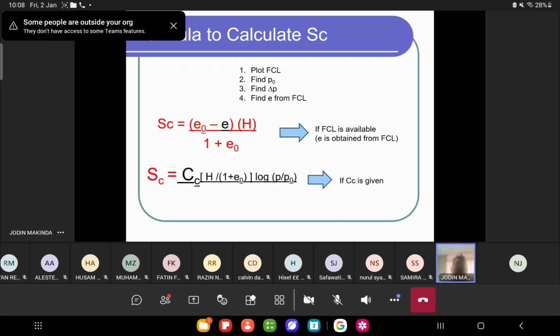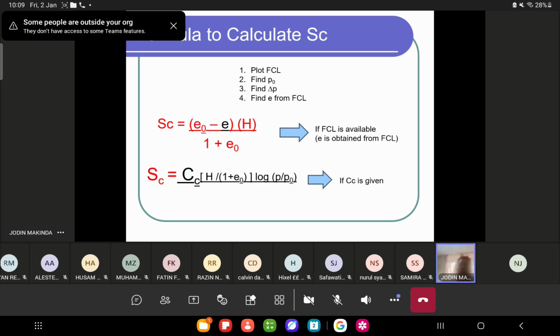In part 2, we understand that there are several equations that you can use to find total settlement. The first one given here is a formula that you use only if the FCL is available or plotted.